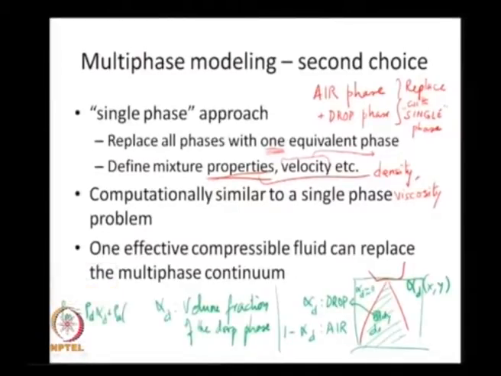Plus rho a times 1 minus alpha d, where rho a and rho d are the material densities. These are actual properties of the material that are measurable; water density can be measured by a hydrometer, air density can be measured by other means.